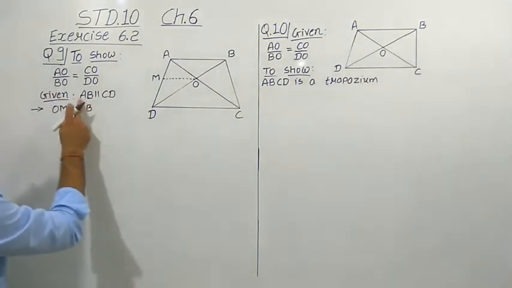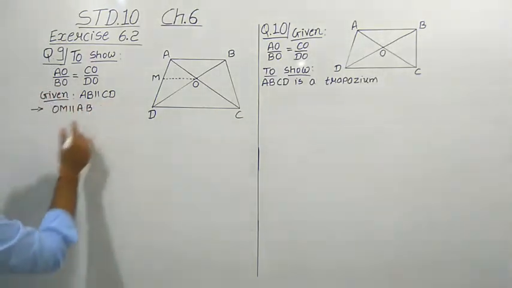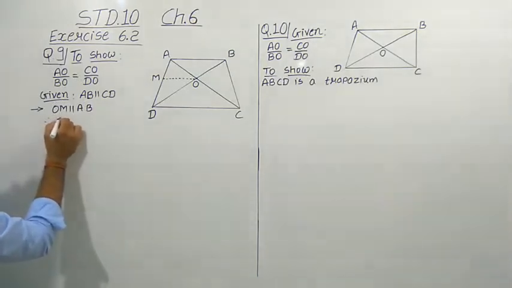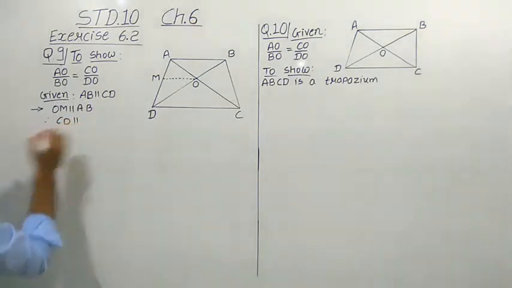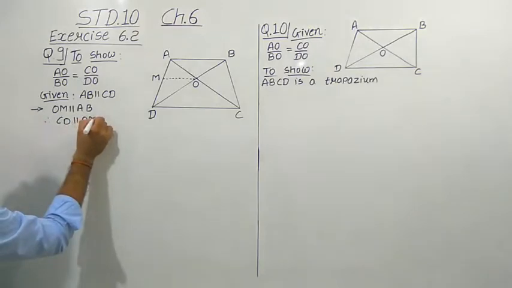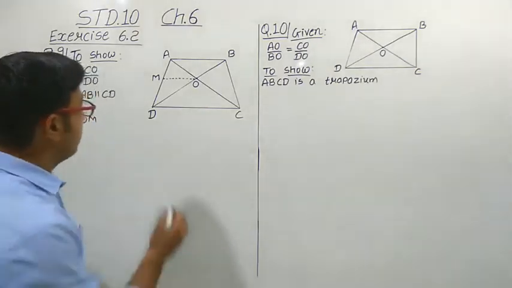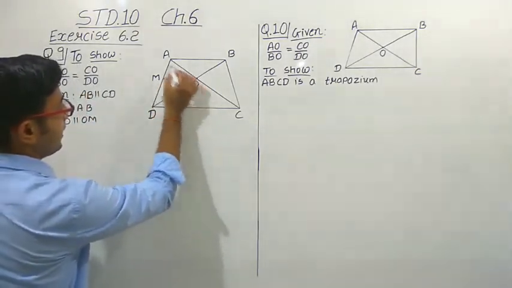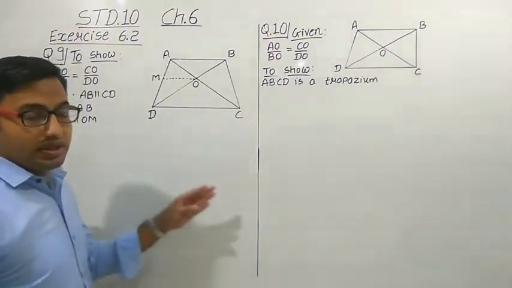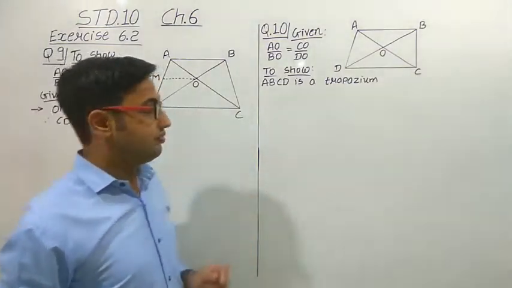You see that AB is already parallel to CD. Therefore, CD is also parallel to OM. So now OM, AB and DC, all three are parallel to each other.